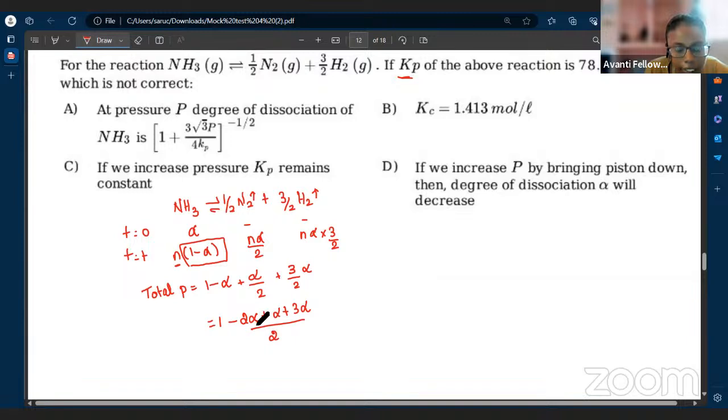So you'll be getting 6 alpha by 2, which is 1 minus 3 alpha... I mean the total moles come out accordingly.